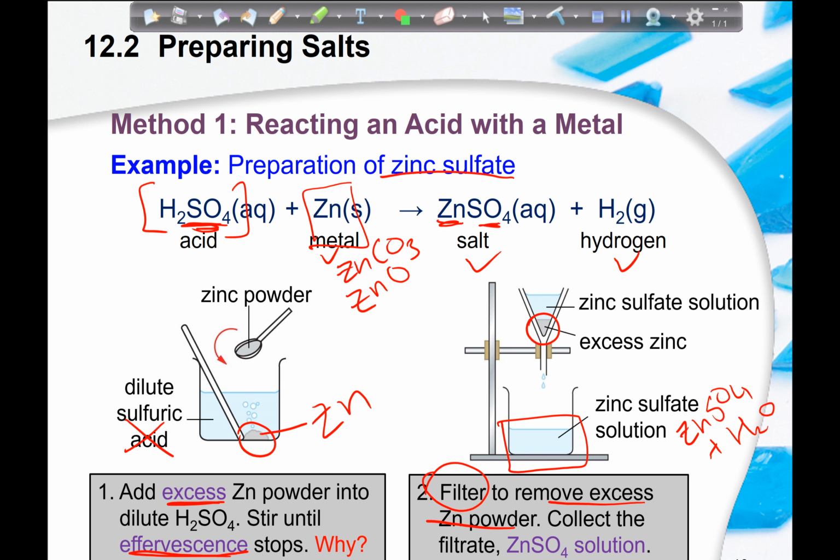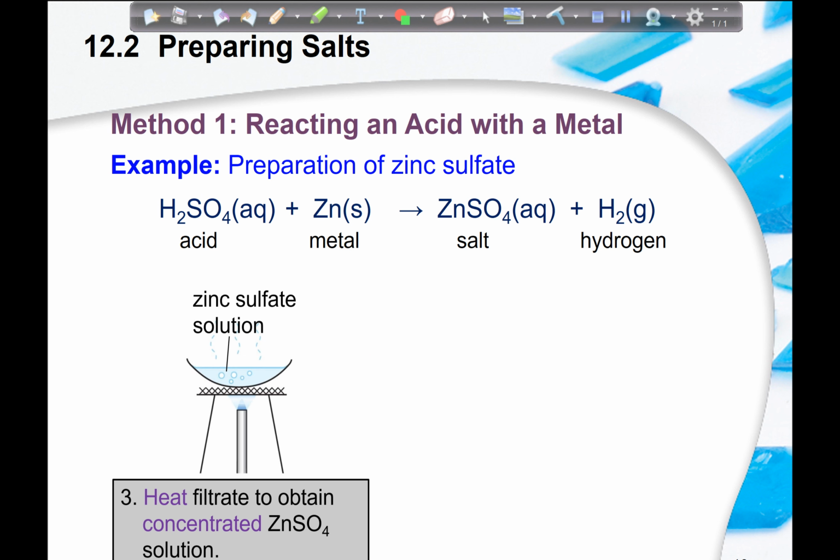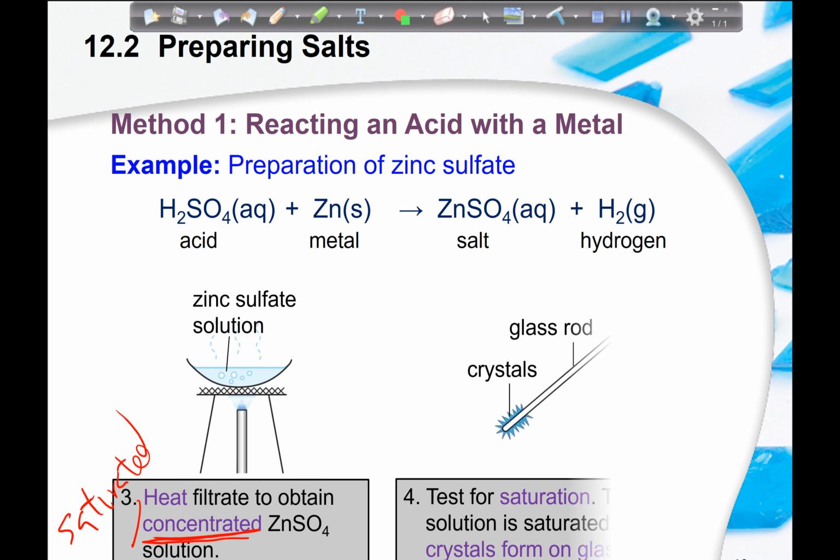What happened to my hydrogen gas? Hydrogen gas would have already escaped into the environment. Now that I've got my solution, I need to heat until it becomes a concentrated solution, also known as a saturated solution. This is to ensure that crystals can grow.